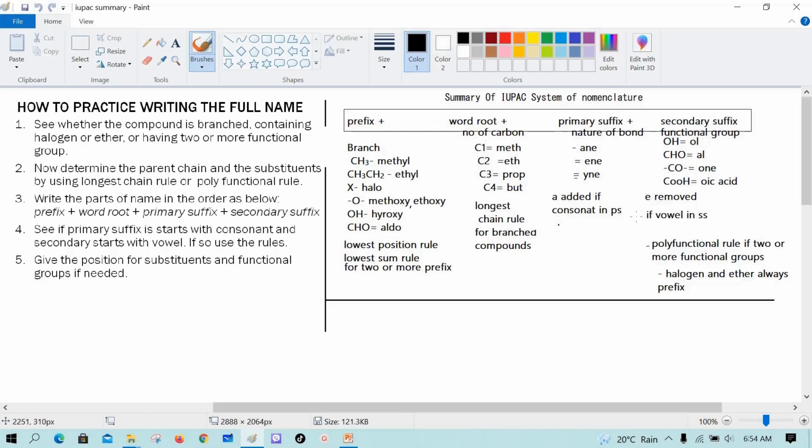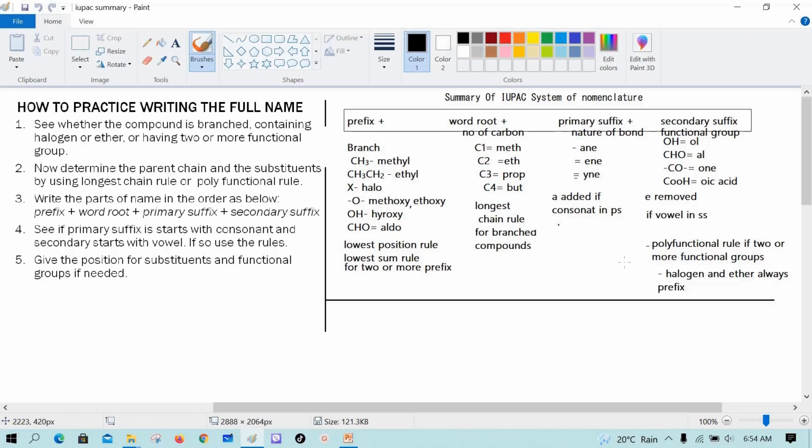Alright, and similarly if there are 2 or more functional groups, then we use the polyfunctional rule. And halogen and ether are always indicated by prefix. And for positioning the substituents we use the lowest position rule and then the lowest sum rule. Alright, so this is the summary of the IUPAC system of nomenclature.